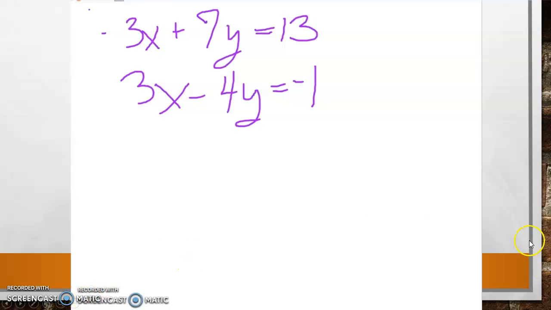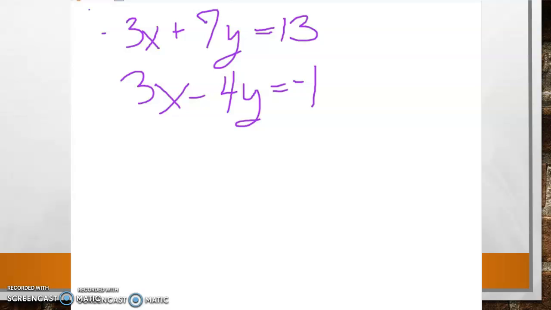Alright, so for this second example on substitution and graphing, I'm going to start with the substitution method, and I'm going to start by showing you how to solve one of these equations for y. My recommendation is if you have a system where none of the coefficients, and remember the coefficient is the number in front of the variable, is a 1, so you don't have just a variable by itself, don't use substitution.